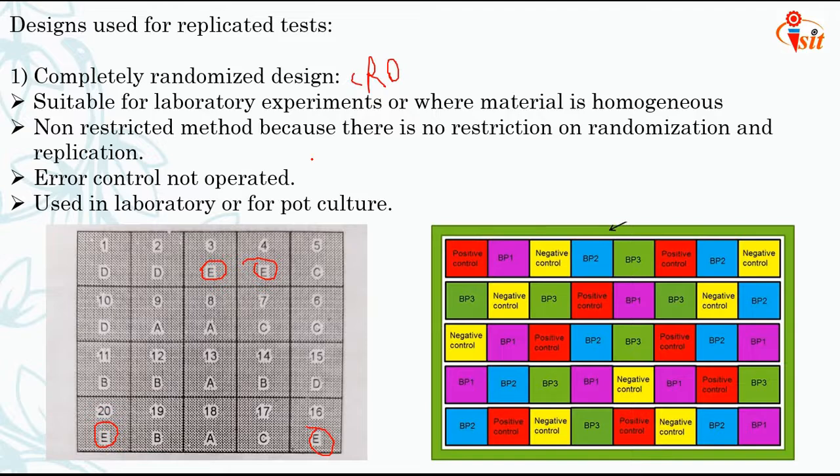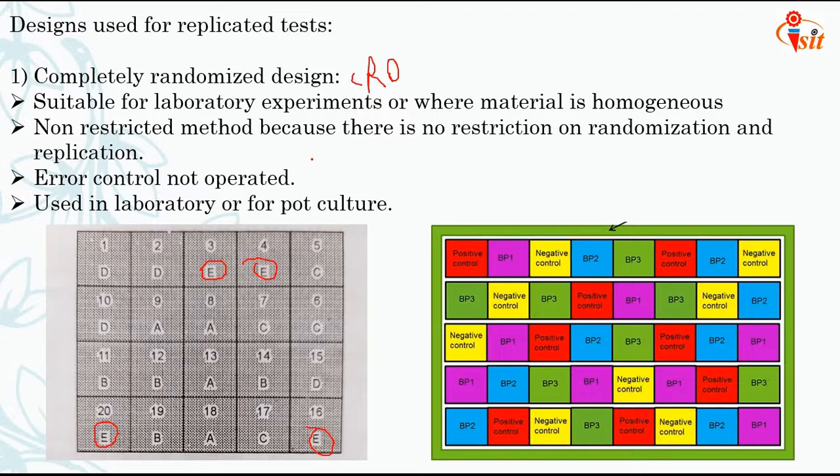So what happens here is that whatever material you have selected, or whatever soil is present in the plots, is highly homogeneous. So the experimental error is not operating here. You should understand that in CRD, the error due to soil fertility or the error due to environmental factors is not operating, because you are giving a controlled condition in a laboratory.